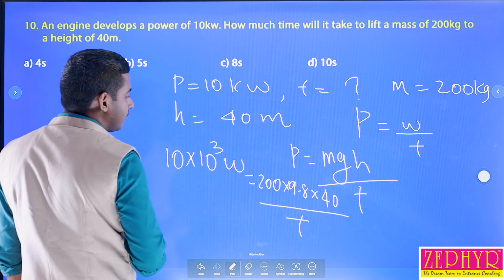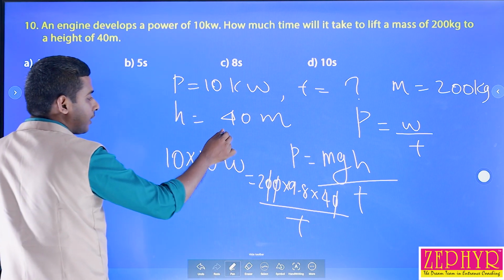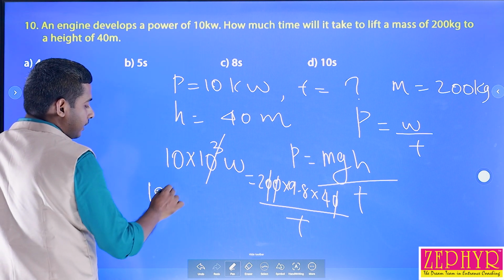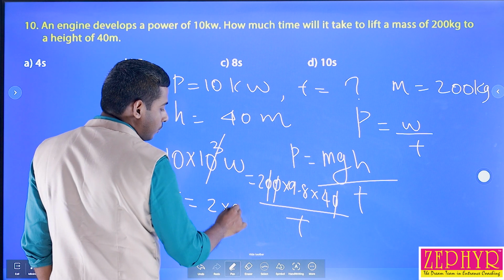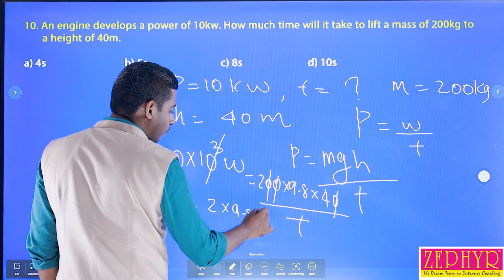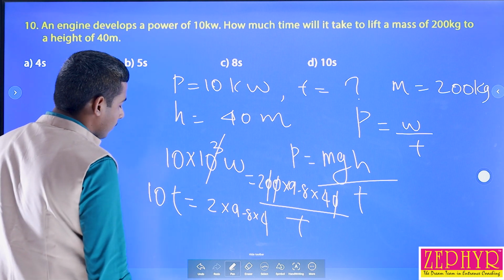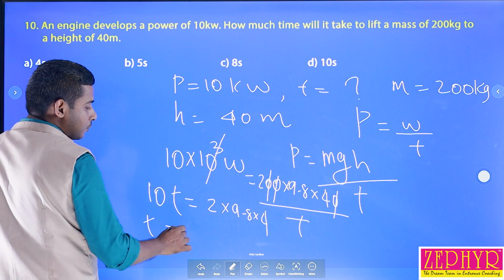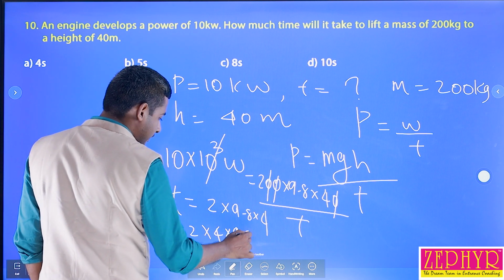Then here we have 3 zeros, here you have 10 cube, cut, that is 10 into t equal to 2 into 9.8 into 4. So we have to find t from here, t equal to 2 into 4 into 9.8 divided by 10.